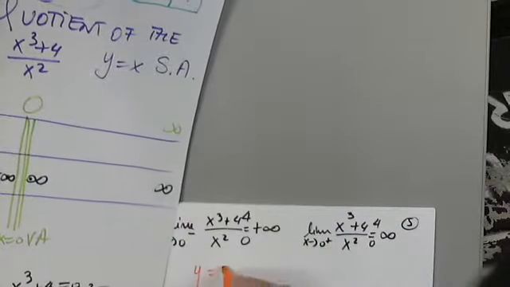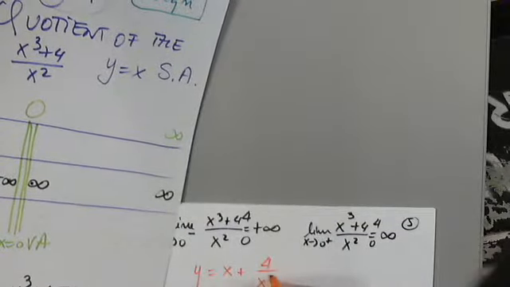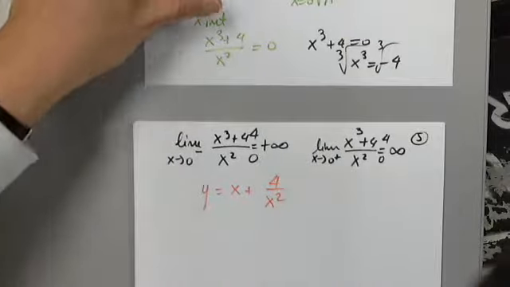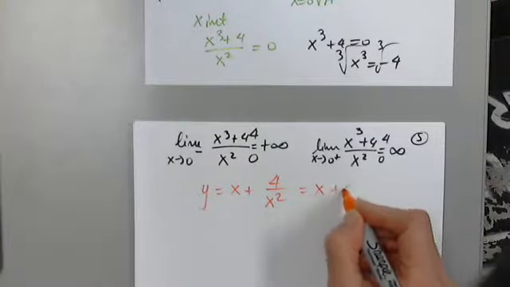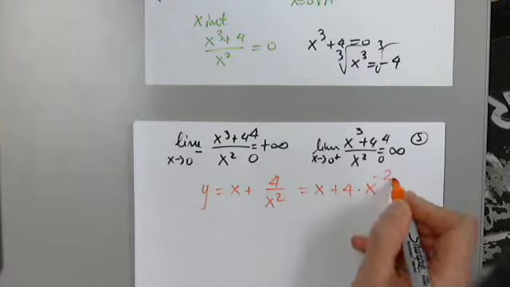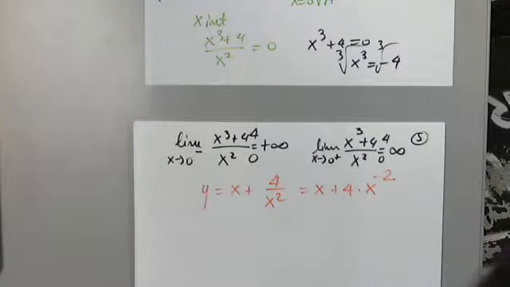So the function is x plus 4 over x squared, or x plus 4 times x to negative 2. And this is what I would like to differentiate.